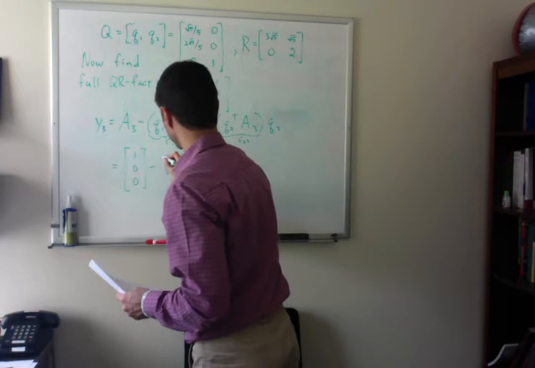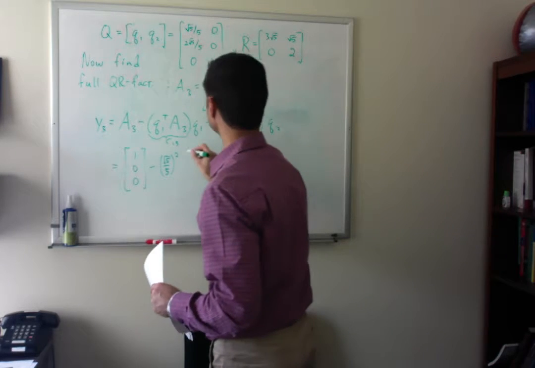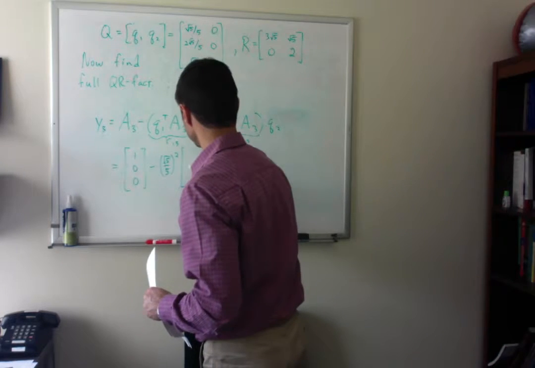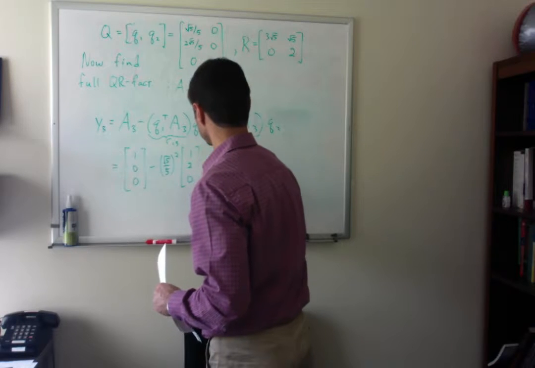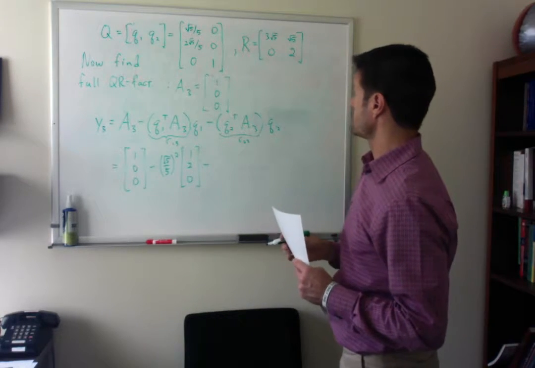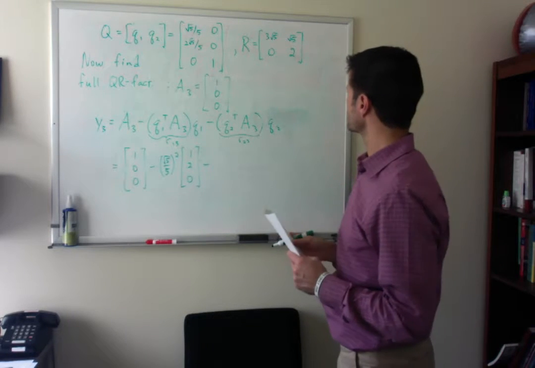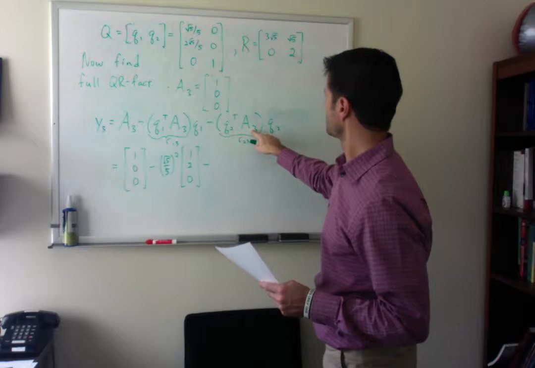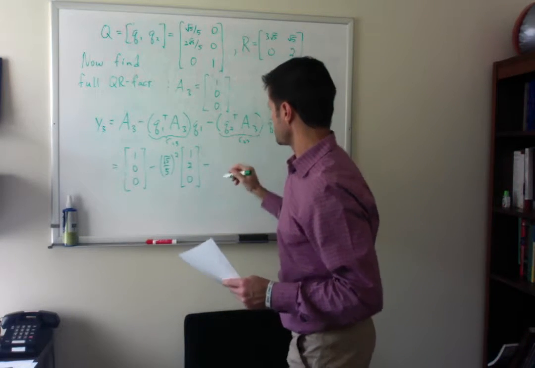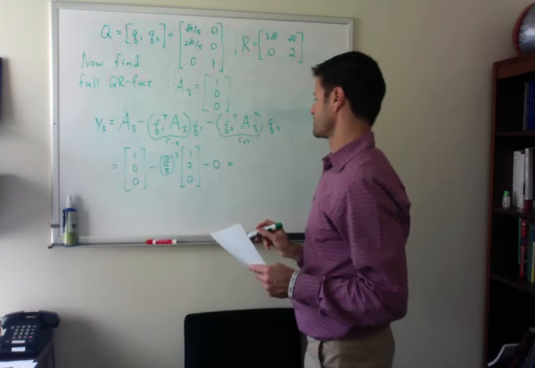Remember from the previous video how Q1 was written with root 5 over 5 out in front, and this is times the vector 1, 2, 0. And then minus Q2 dotted with A3, well, that's already 0. So A3 dotted with this vector is 0.